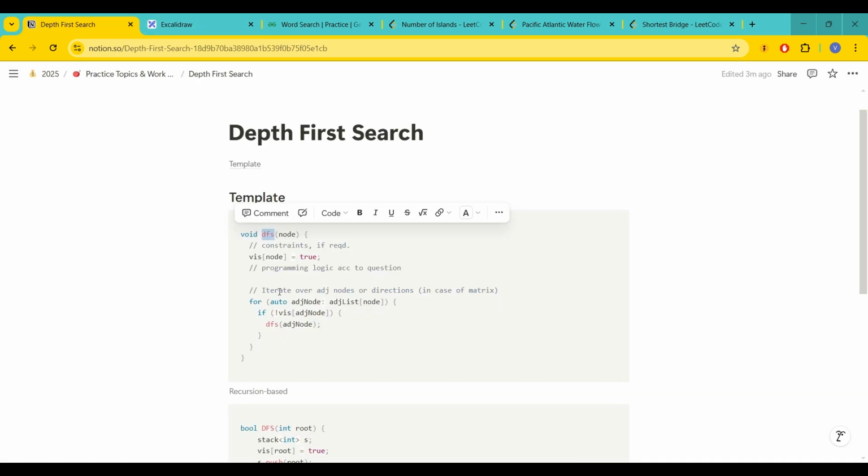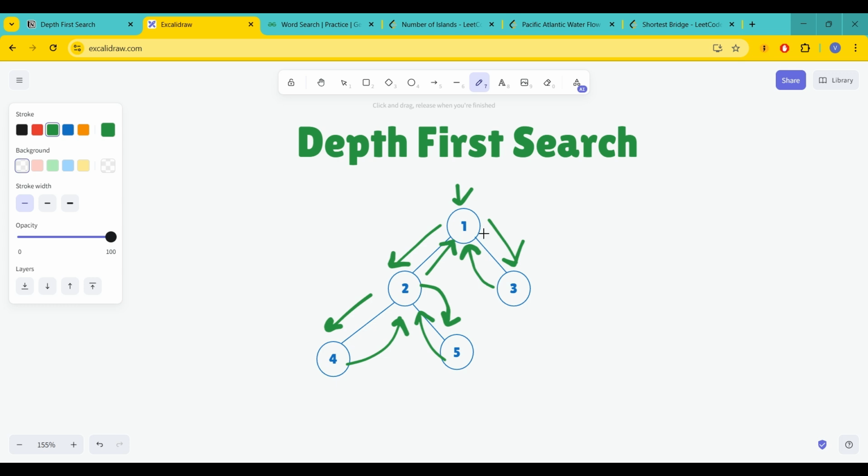Now we need to maintain one visited. Visited can be an array or it can be a matrix depending on the question, but we need to have some data structure which will give us an idea if the current node has been visited already or not. So suppose right now I visited 1, and I marked it true. Now when I came to 2, I have to see in which all directions I can go from 2.